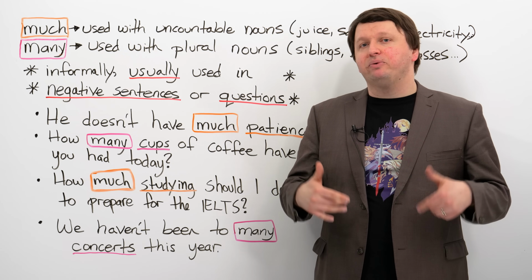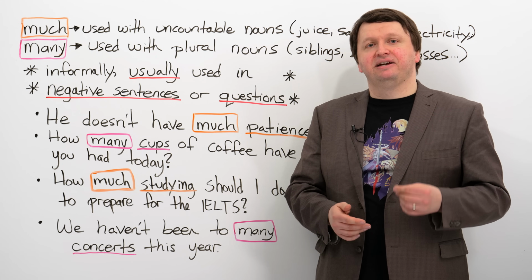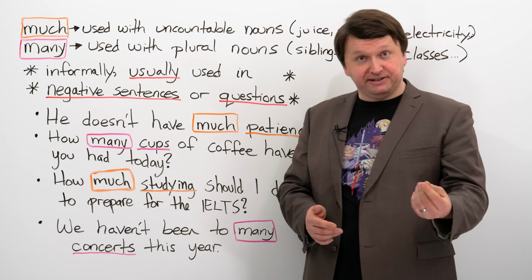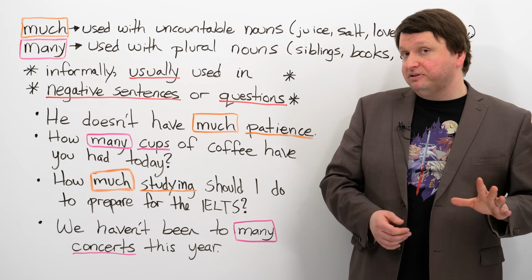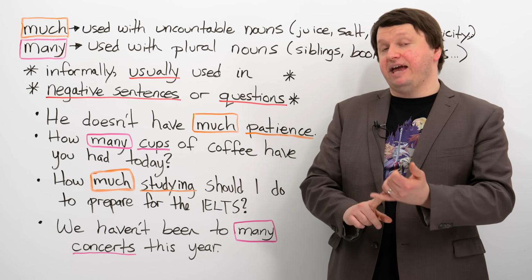And in this video, I will show you some situations where you can use much and many in affirmative sentences. However, it is true that usually we keep them to negatives and questions.